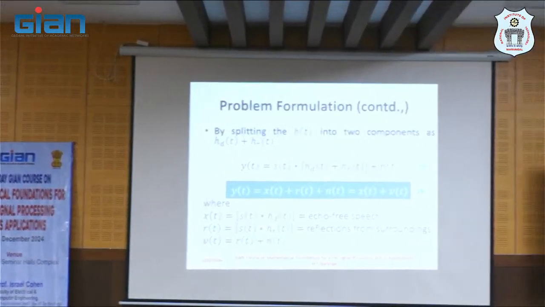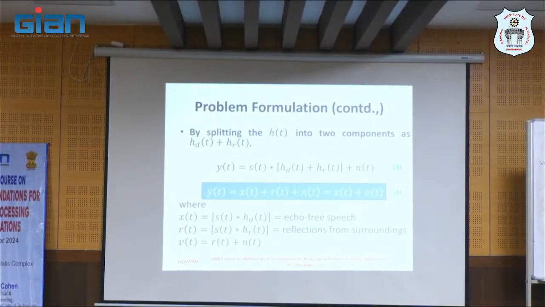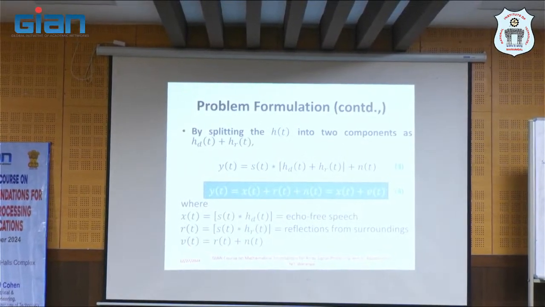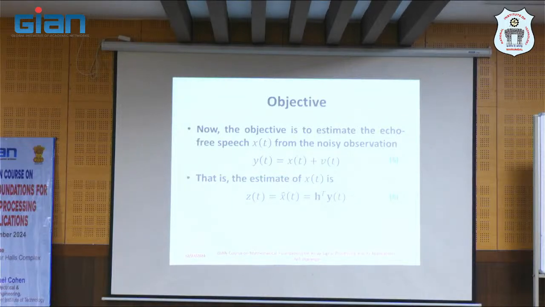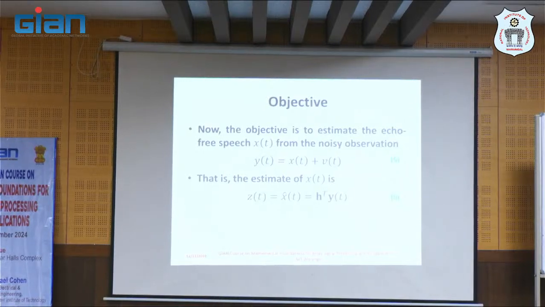And we are letting this R of t and N of t be the noise component, so that we have the noisy observation Y of t, which is the desired signal plus the noise. And here the objective is to estimate the desired signal from the noisy observation. So for that we need to have the optimum filter coefficients here.